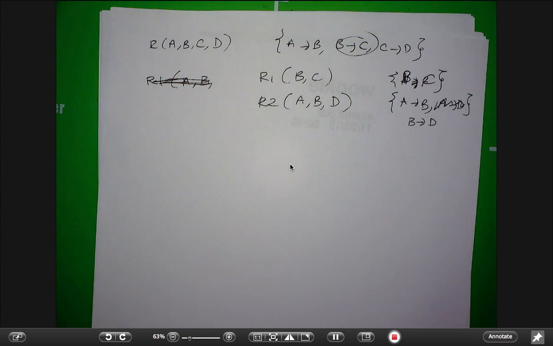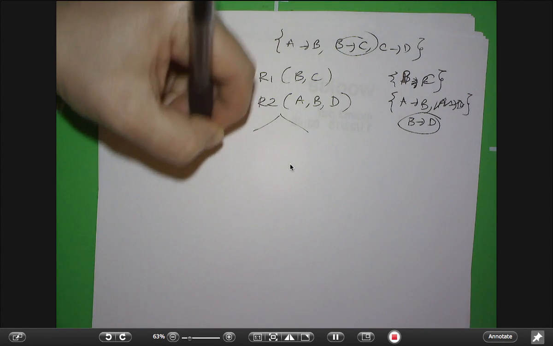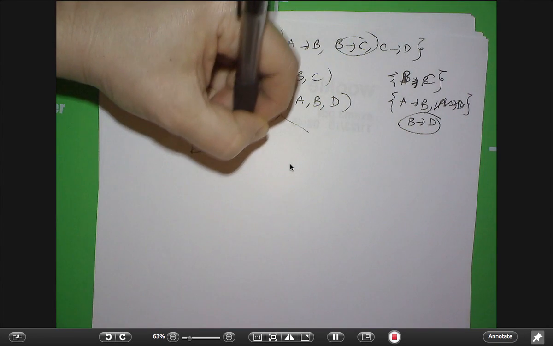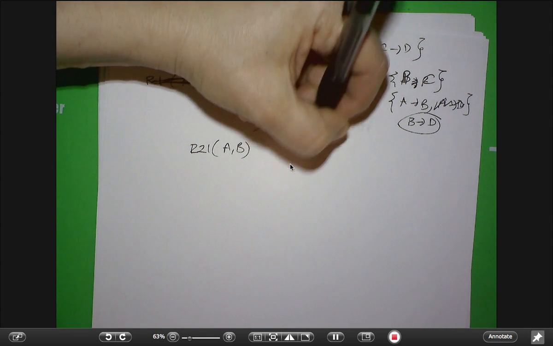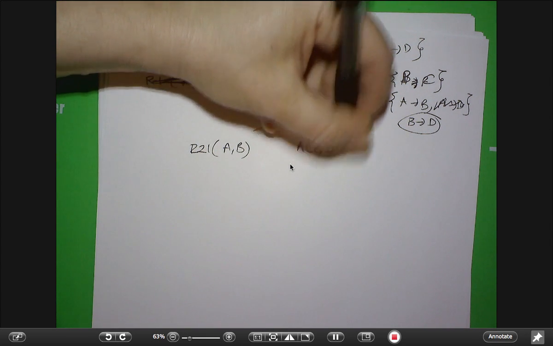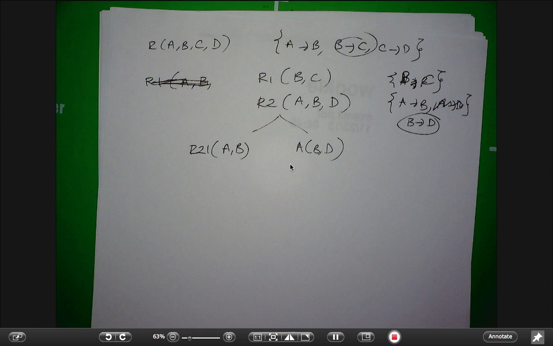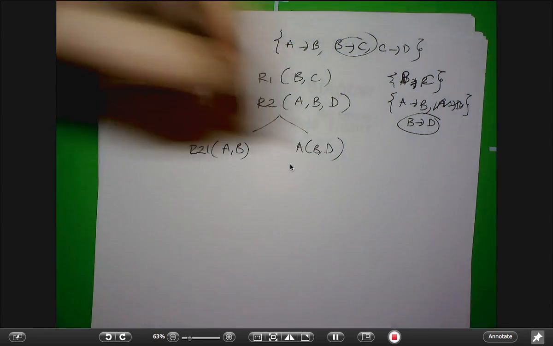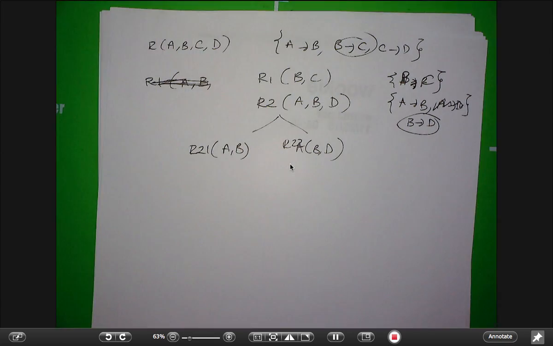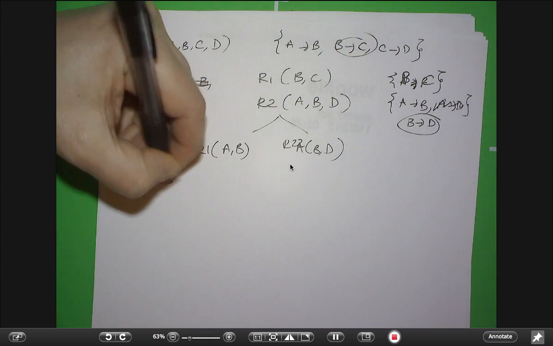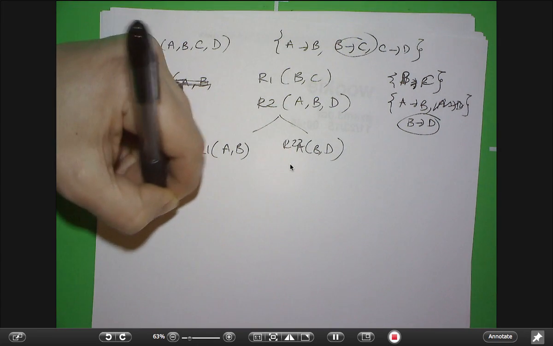So this is still not in Boyce Codd normal form because of this one. So I will get A implies B and B and D. So I ended up getting AB, BC, and BD.